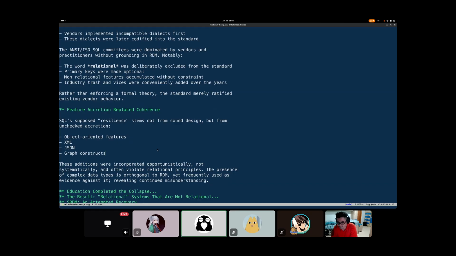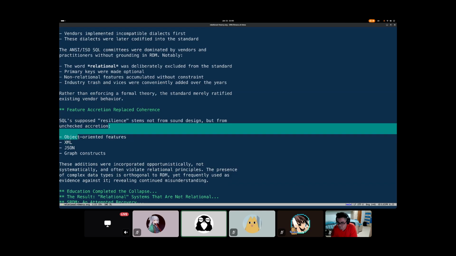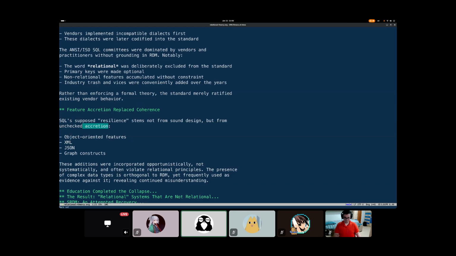So here's the sad part. SQL's supposed resilience is not because of sound design, but because of unchecked accretion. So the fact that we added object-oriented features, man, people don't realize this, but if you go to Postgres and you search for object-oriented Postgres, that was a thing back in the day.